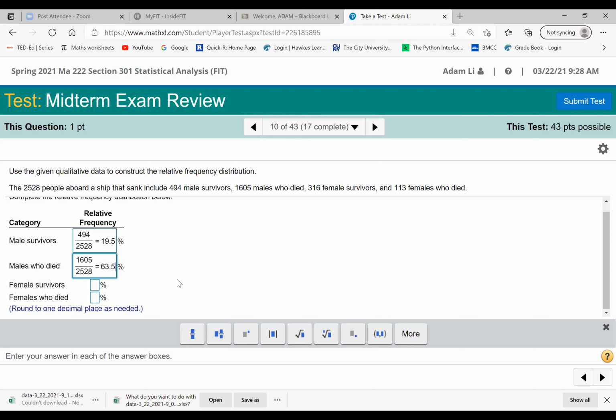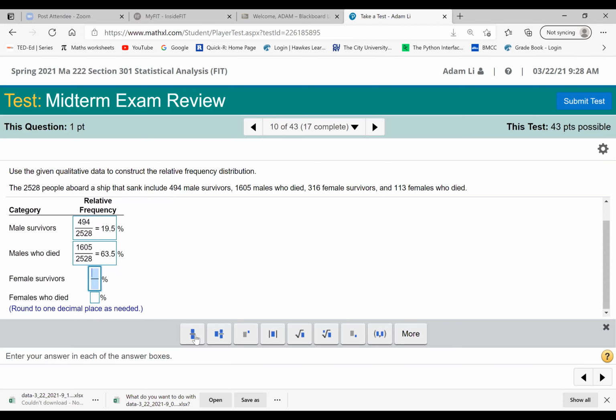And female survivors will be 316 over 2528. Let's see what that is. 316 by 2528. This is 12.5%.